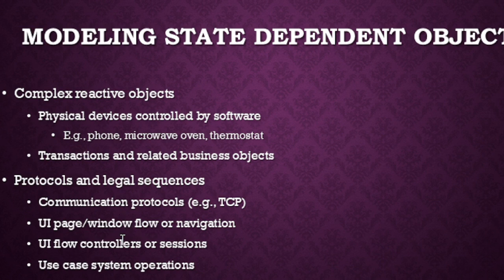Similarly, it can be represented as UI page or window flow. Whoever designs user interfaces knows how they categorize various user interfaces, how they link them from one to another, and you also design the flow controllers based on certain logic. So all these aspects are easily depicted using state dependent objects.